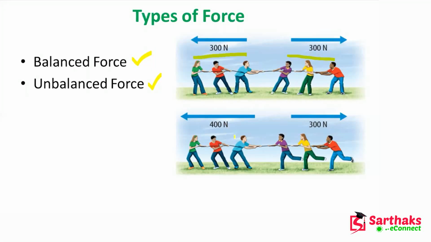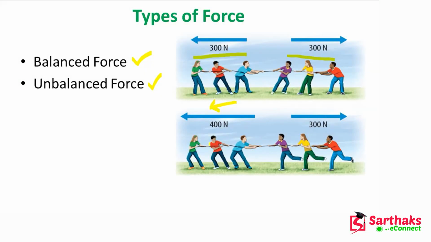But if the left-hand side persons are applying 400 Newton, and the right-hand side persons are applying 300 Newton, on which side are you applying more force? On this side. At that time you can see that after some time, if it continues, they will win.